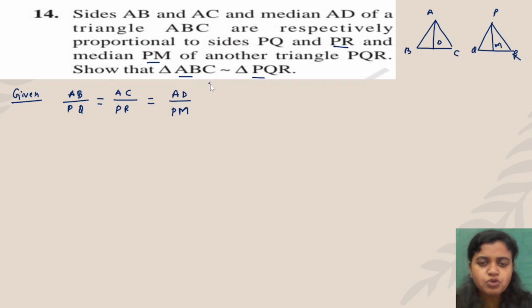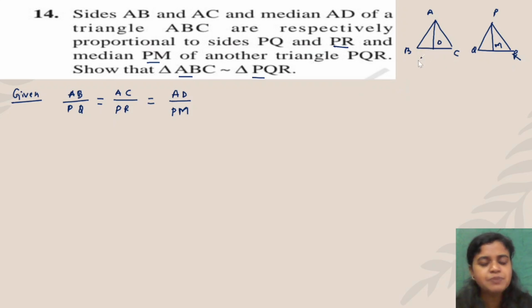But you have to prove triangle ABC is similar to PQR. Instead of AD by PM, if it were given BC by QR, then you could easily say triangle ABC is similar to triangle PQR. But here, AD is not part of the triangle ABC, it is a median. By the SSS rule, we have to prove all the sides are proportional.